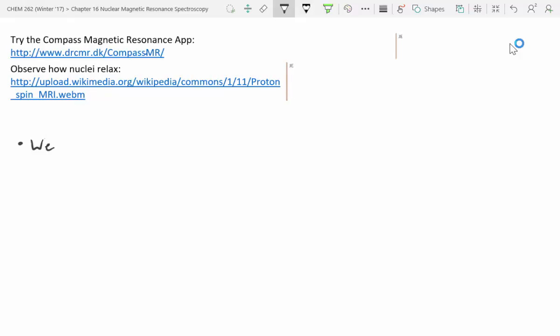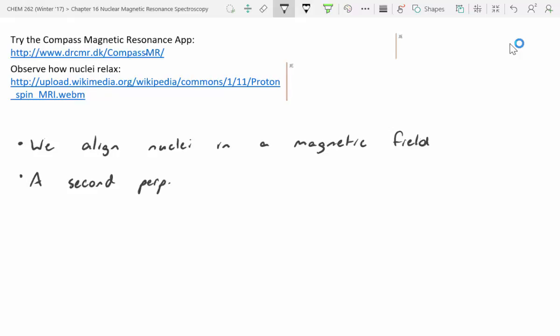So we align nuclei in a magnetic field. And then a second perpendicular EM pulse knocks the nuclei off axis.